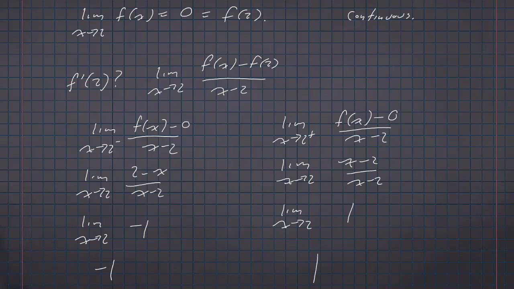And the limit as x approaches 2 of positive 1 is positive 1. So the limits disagree with each other. We have a limit that does not exist at this point. Even though the function is continuous, it is not differentiable.